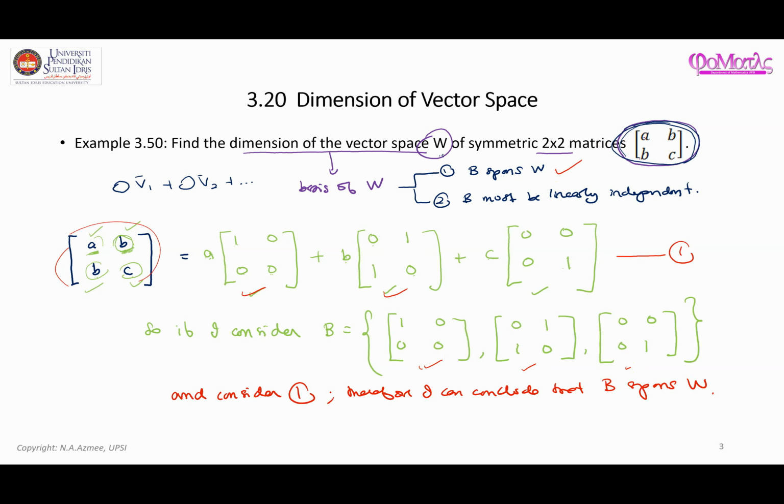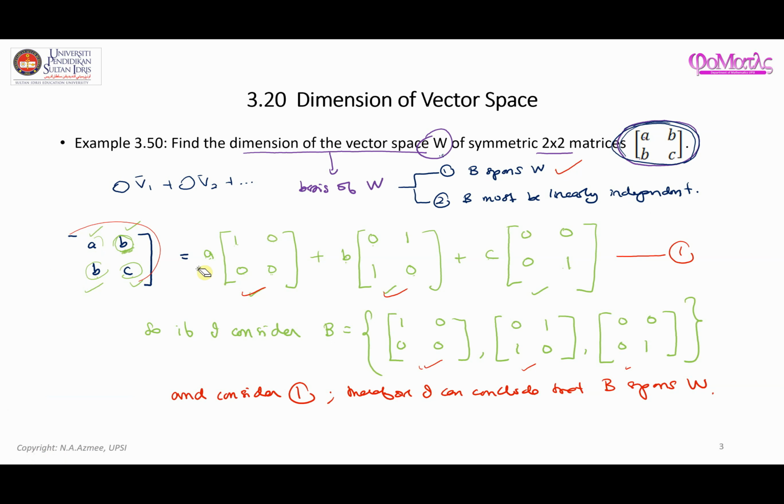Now we need to move on and show that B must be linearly independent. So to show that B is linearly independent, the starting point would be, okay, I don't have any space, so I'm just going to erase this part.